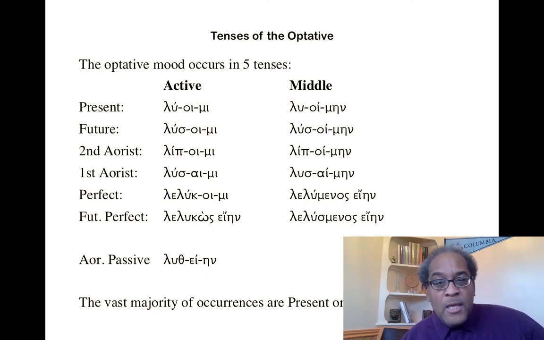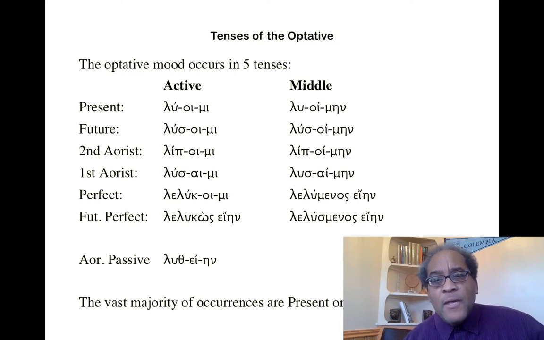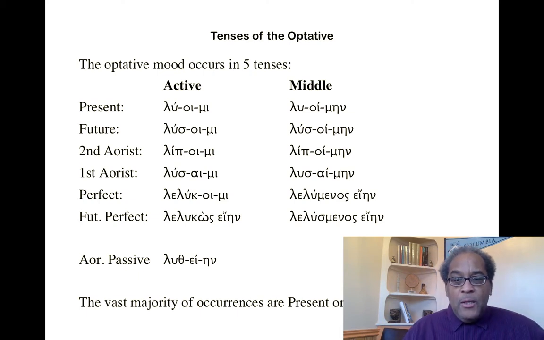And then the future perfect, we move into what are called periphrastic forms that are formed by a combination of the perfect participle with the optative of the verb eimi, to be, which we'll see down the road. And then with the aorist passive, again, we see the iota after the epsilon, lutheiēn, there as well.